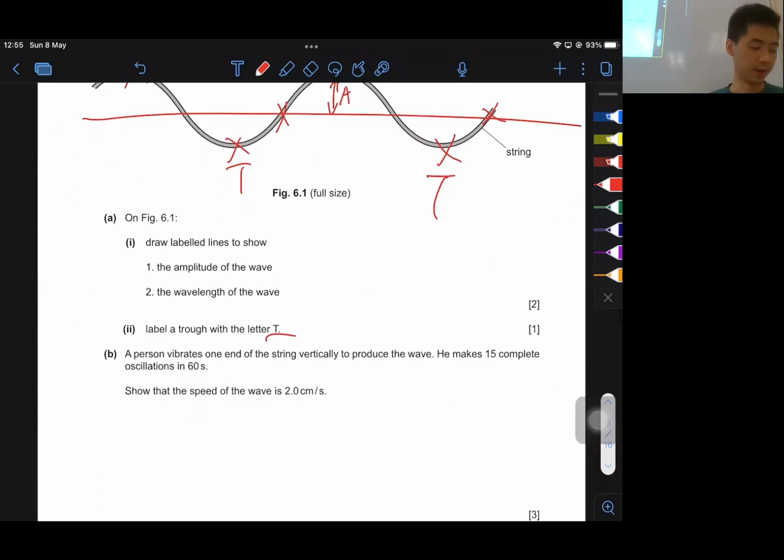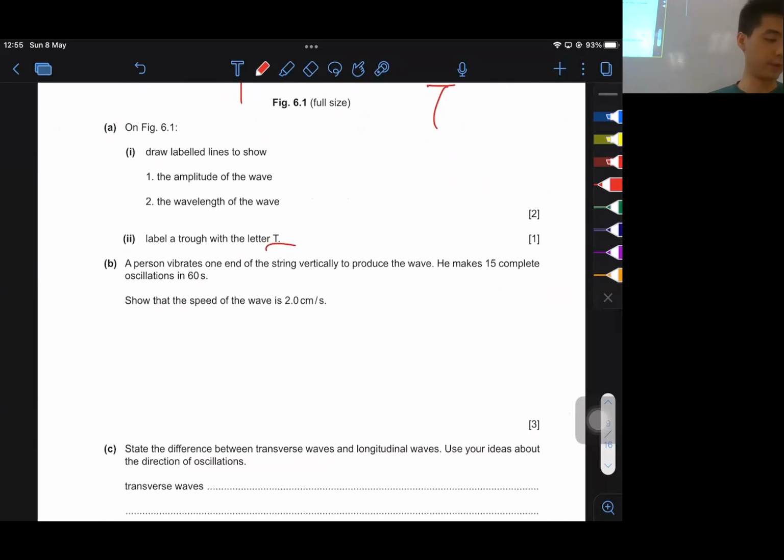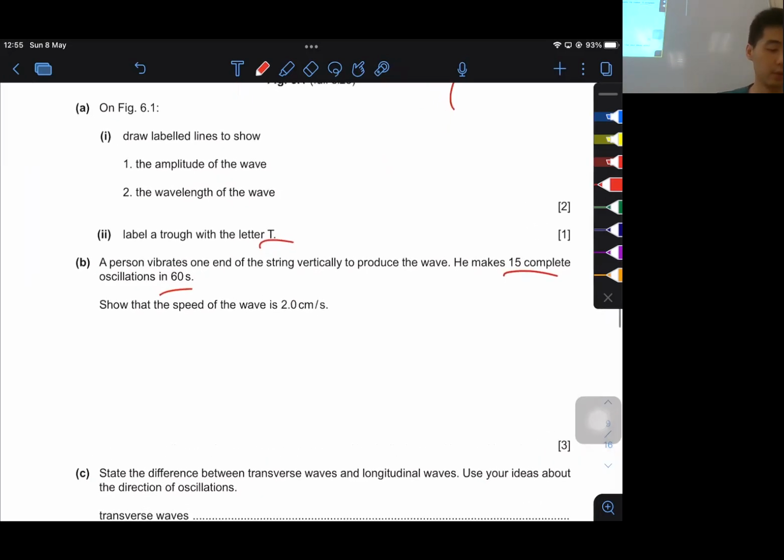Okay. Then the next part: a person vibrates one end of the spring vertically and produces the wave. He makes 15 complete oscillations in 60 seconds. What does this information give me first? 15 complete oscillations in 60 seconds. Frequency. Not exactly wrong, but you can find the period first.